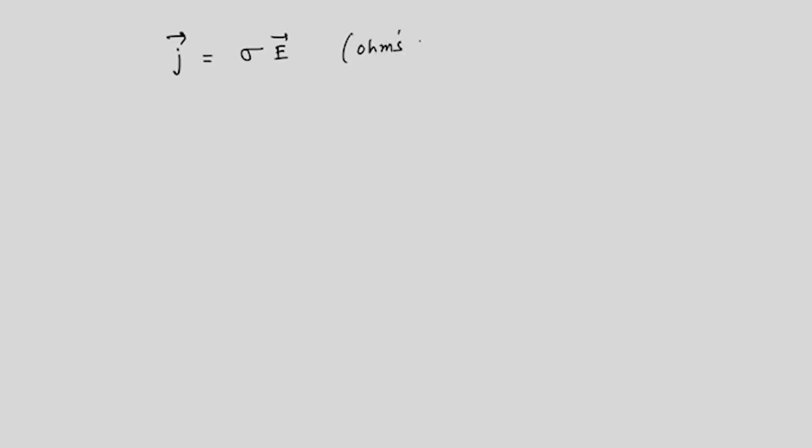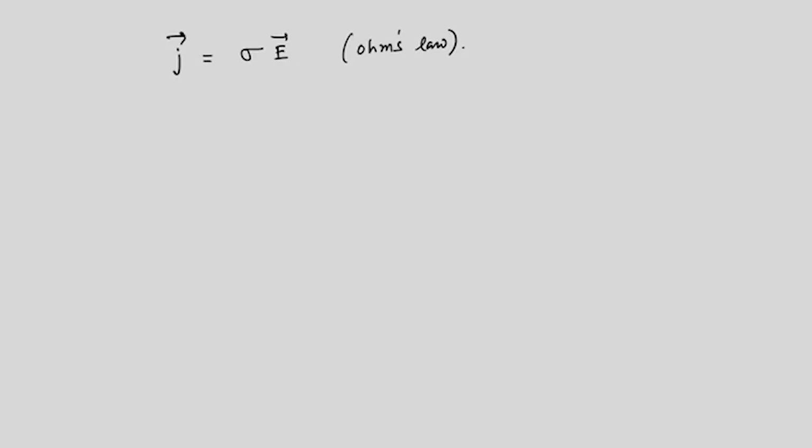It is J equal to sigma E, which is nothing but V equal to IR, right? Because you can multiply J by the area, which will give you I, and then E will be equal to V and so on, and sigma is the inverse of the resistance. So this is nothing but Ohm's law.